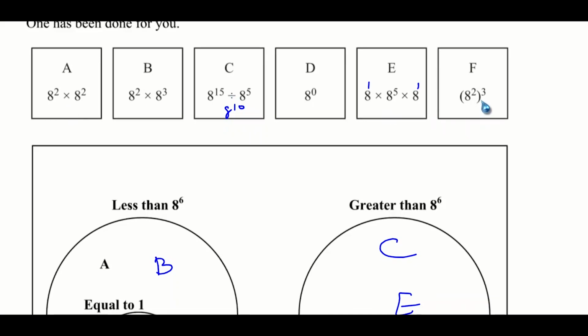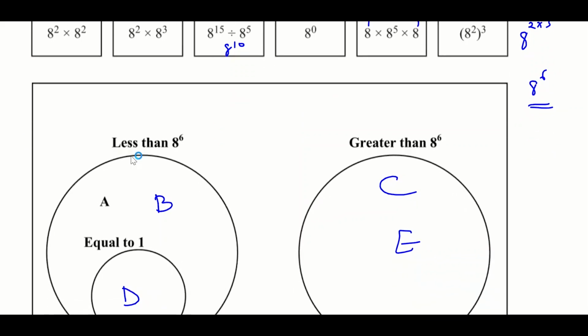And here, this is power law of indices. So we have to do 8 to the power of 2 by 3. That will be 8 to the power of 6. So this is exactly 8 to the power of 6. So it cannot be in this big circle, it cannot be in this smaller circle, and it cannot be in this one. So it will be inside the rectangle, outside the circles.